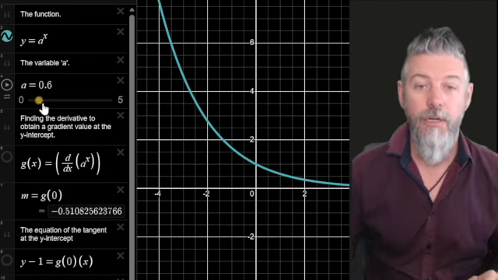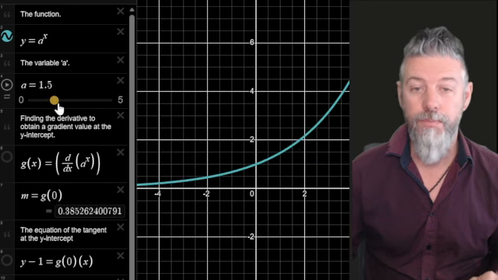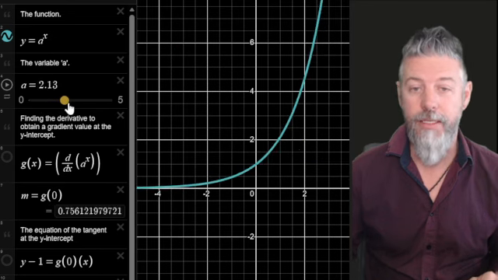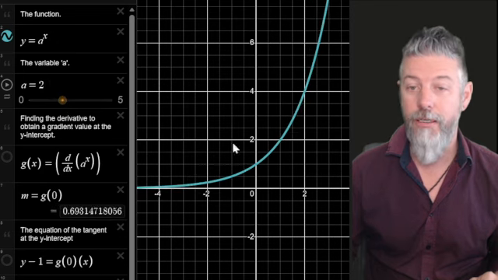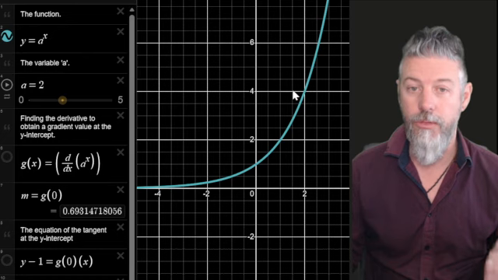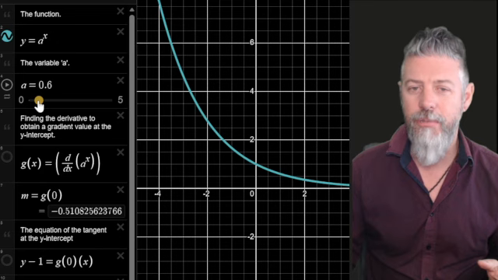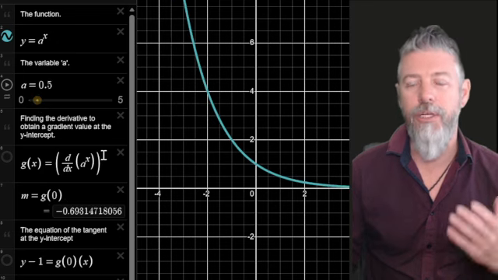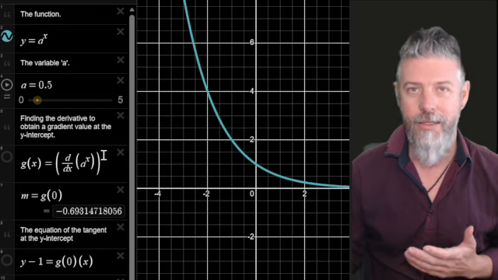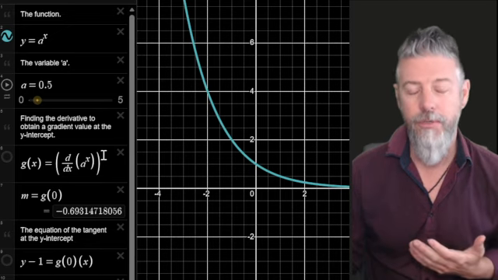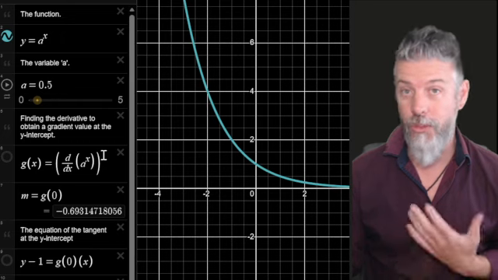As you saw, with the value 2, as the value of the power got greater, it increased the value of the function. But when you have a value that's less than 1, think about that. If we took the value 0.5 and we squared it, so we times 0.5 by itself, we would get 0.25.